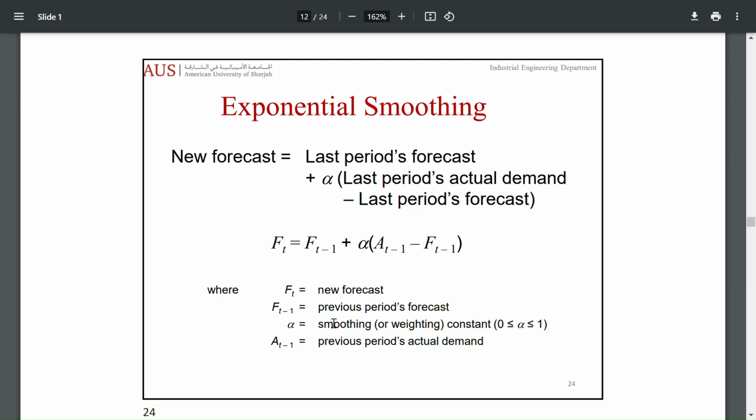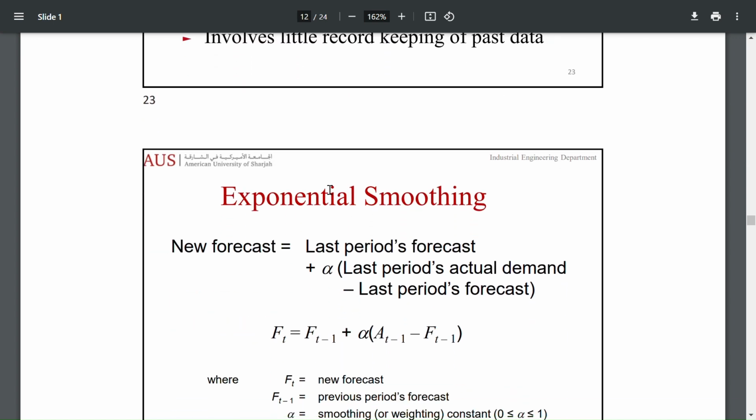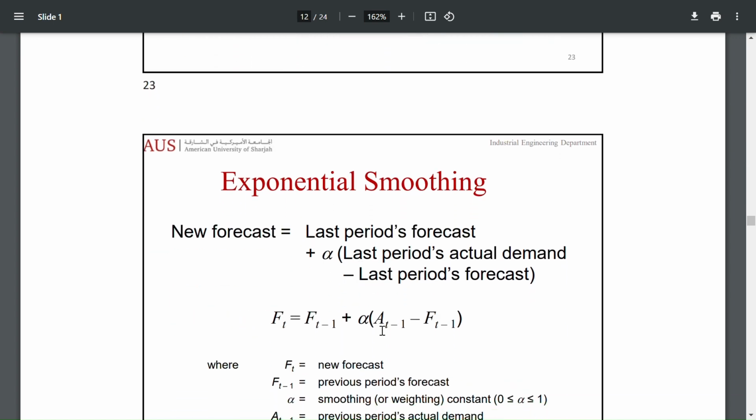And then we have the previous period's forecast, which is F_(t-1). The period can be a month, a year, a week. So that's the previous period forecast, and then we add to it alpha. What is alpha? Alpha is the smoothing constant that we discussed, multiplied by what?